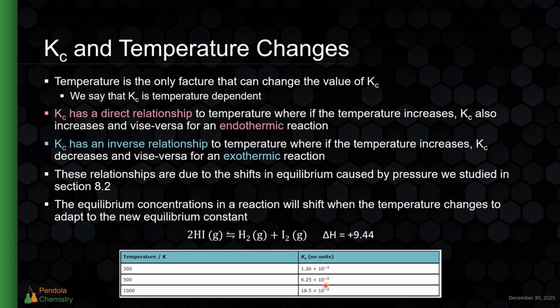Because Kc changes, according to Le Chatelier's principle, the temperature is also going to affect the concentrations of all of these reactants and products at equilibrium, because they need to readjust to match this new Kc. So what this essentially tells us is the mathematical theory behind Le Chatelier's principle and its relationship with temperature, pressure, and concentration.